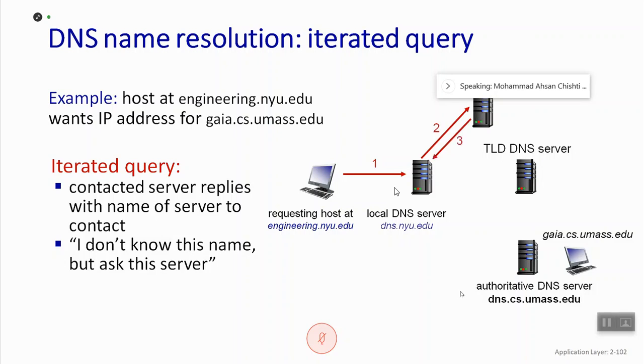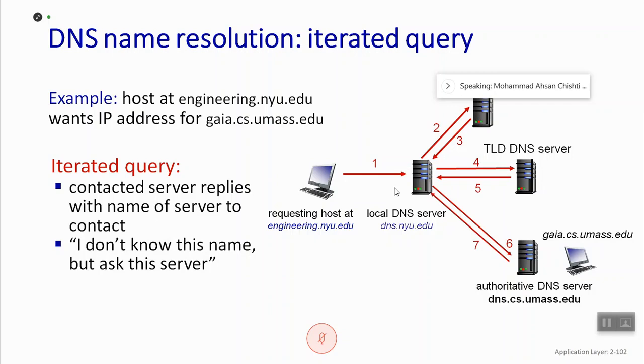Then the root server replies back, giving the server where this would be available. Then this TLD DNS server replies back. So first the root tells where to find .edu. Then .edu replies back saying that this is the authoritative DNS server where dns.cs.umass.edu is available.